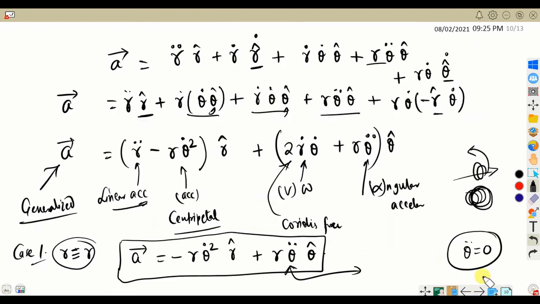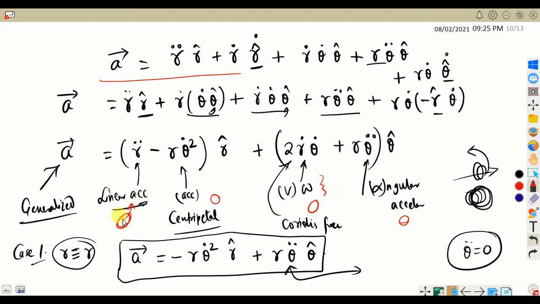And we found that this has some interesting properties, because this acceleration contains linear acceleration, centripetal acceleration, Coriolis force, and angular acceleration. We thought that if maybe there is no Coriolis force, we have this linear acceleration.